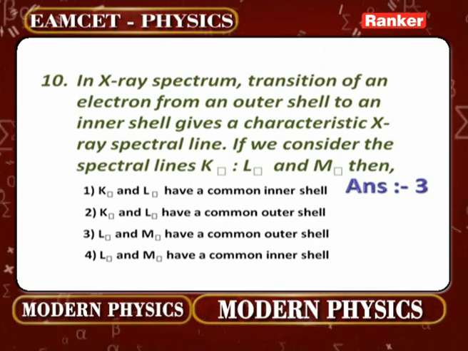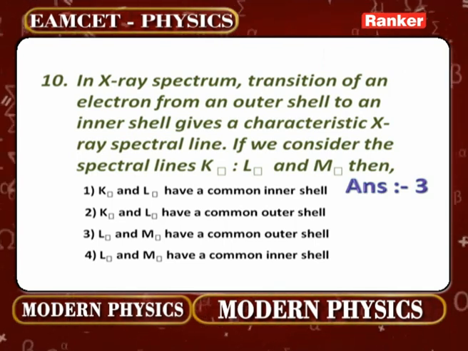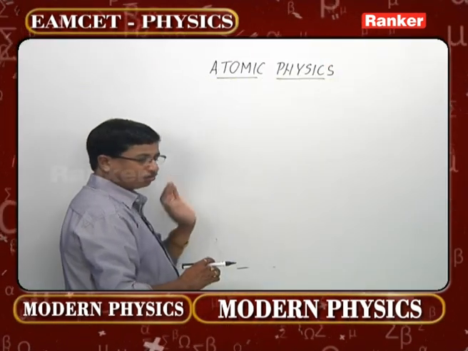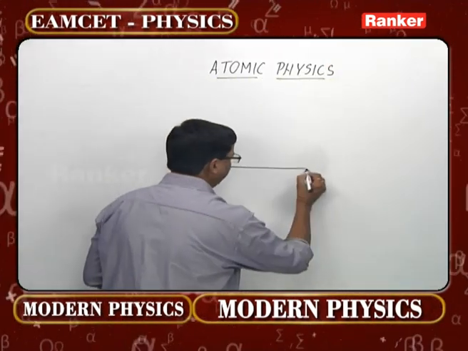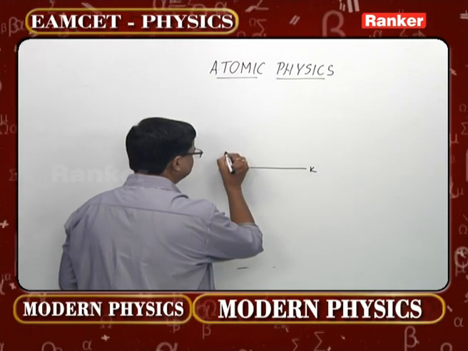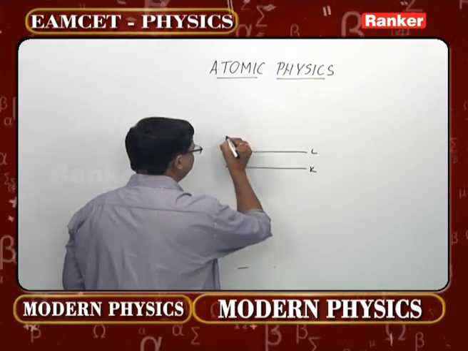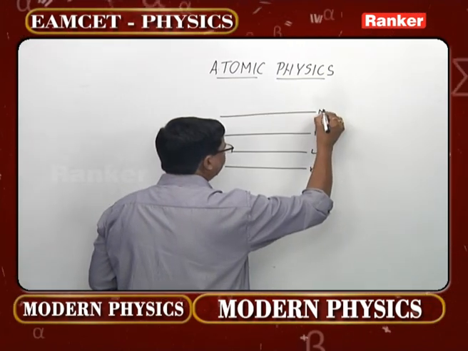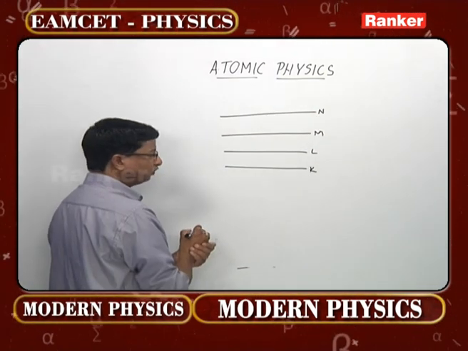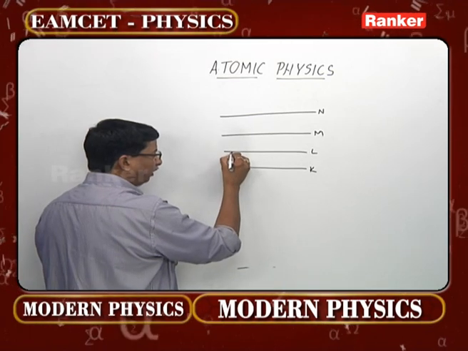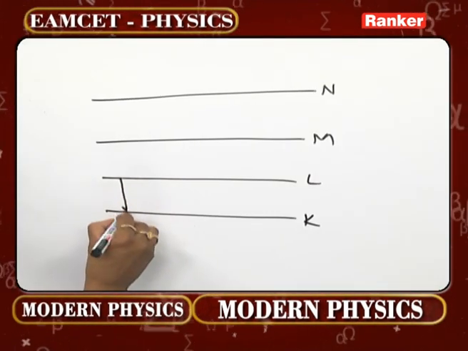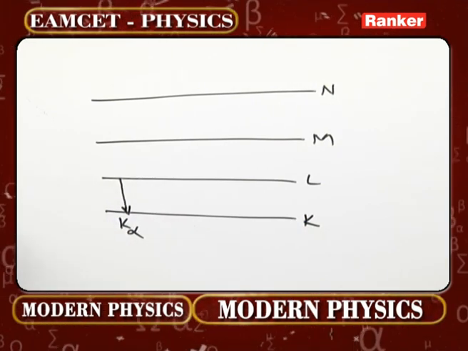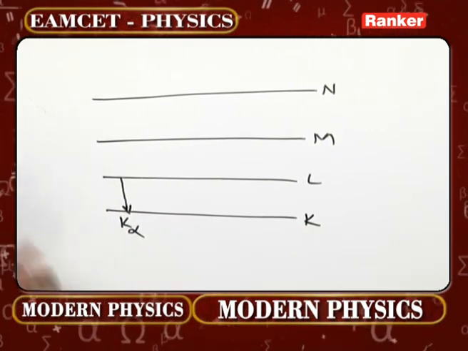Look at one point. First and foremost, you should understand what exactly is the characteristic X-ray spectrum. If I just take, this is K shell, this is L shell, this is M, this is N and so on like that, if we imagine. If the transition of an electron takes place between L and K, whatever spectral line we get is called K alpha line.